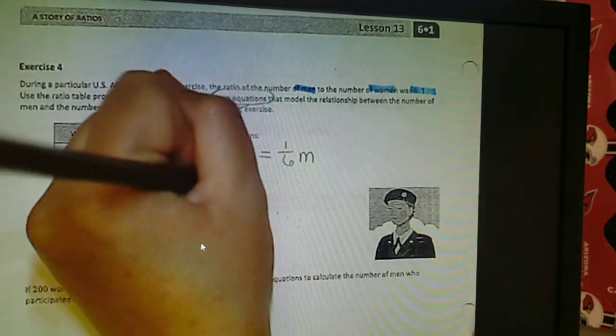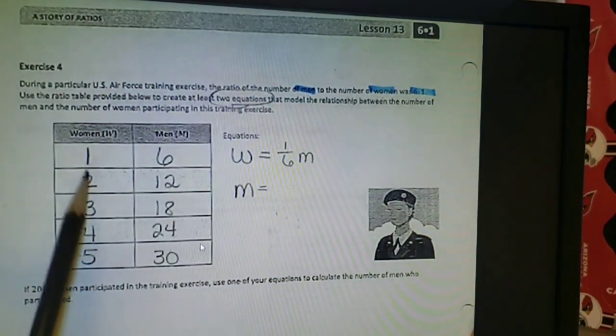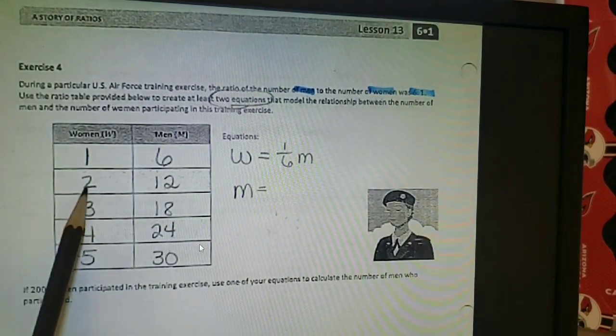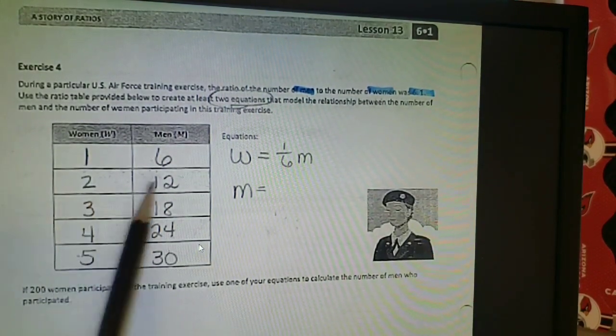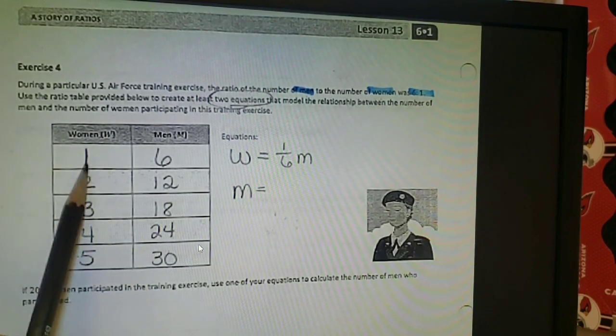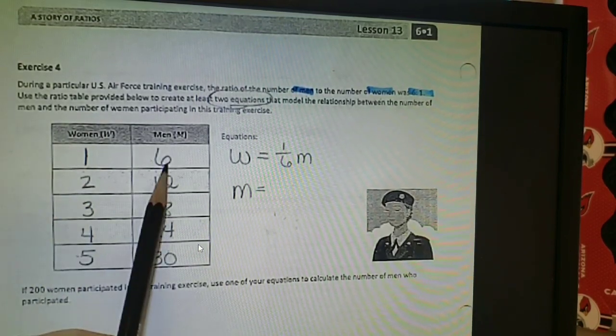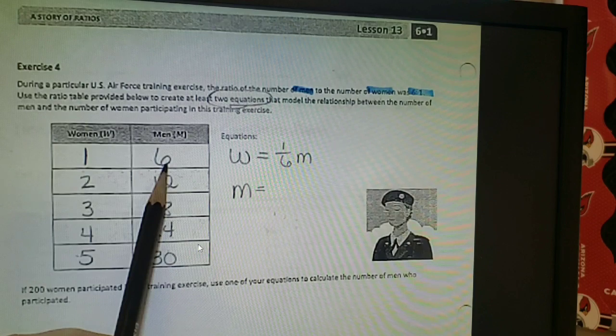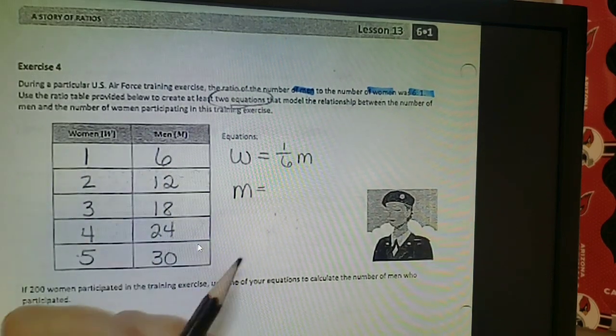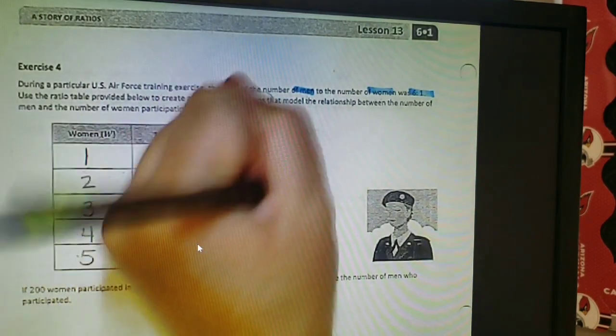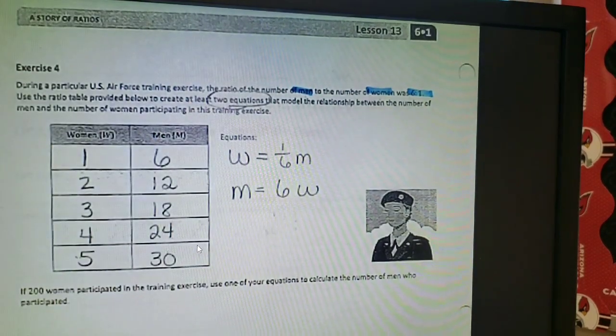If we were doing the men and trying to get to the women, the men is 6 times larger. So we have 1 woman to 6 men. Our men are 6 times larger than our women.